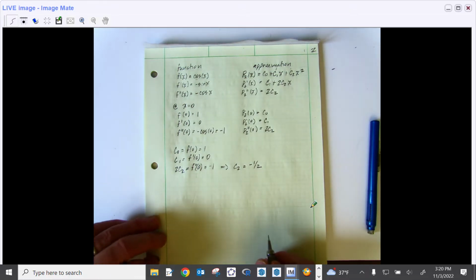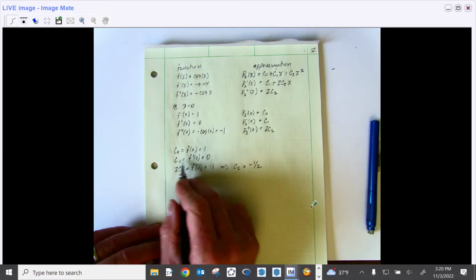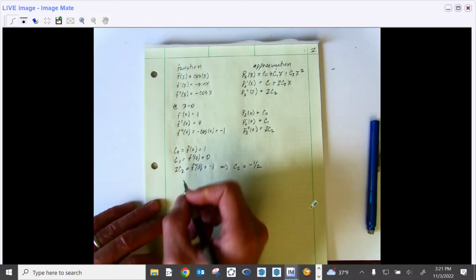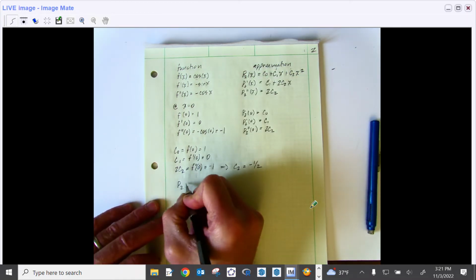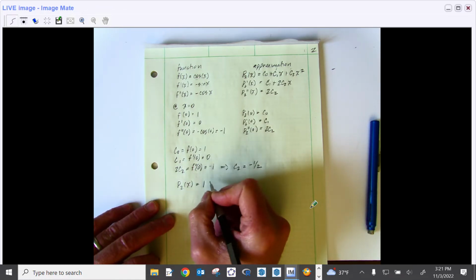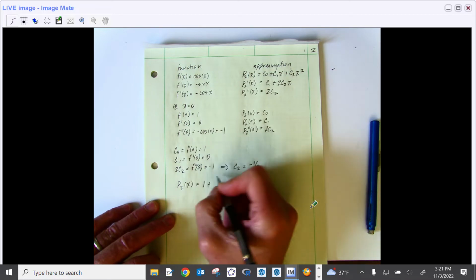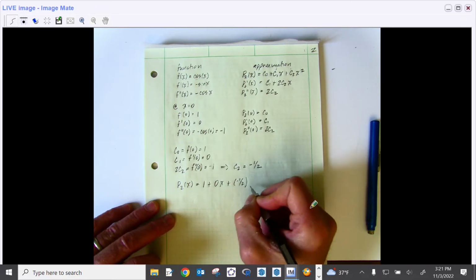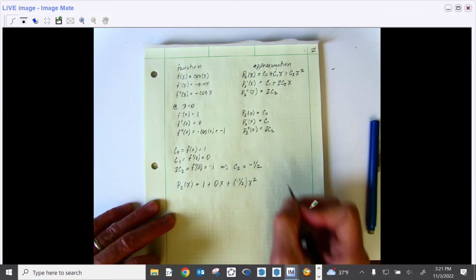Okay, so let's take a quick look here. We know what C0, C1, and C2 are in our polynomial up here. So that means we can write our polynomial. P2 of x is equal to C0, which is 1, plus C1, which is 0, times x, plus C2, which is negative 1/2 times x squared.